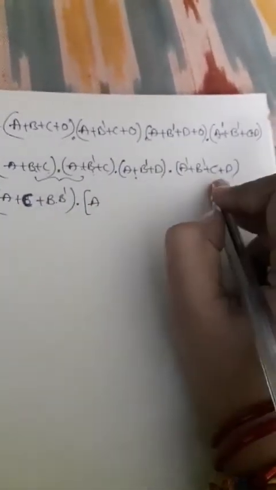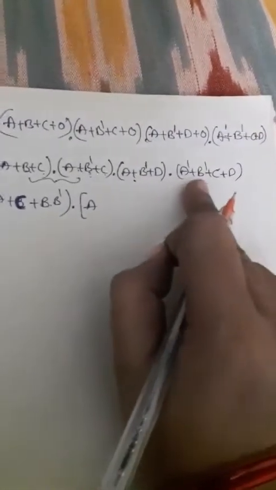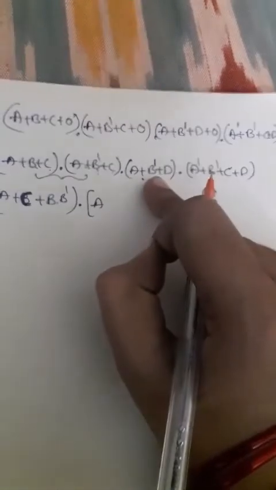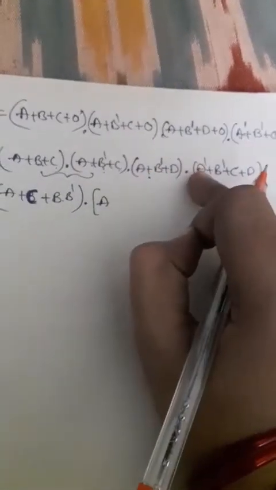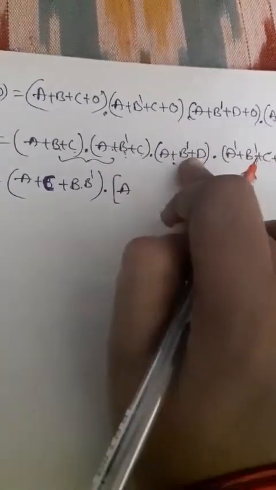And in this, any common terms? B complement plus D is common actually. If you are taking B complement plus D common, then you have to write A into A complement. What about C? It's not possible, because C is not there, so directly we'll write it as it is, whatever possibility we are having.